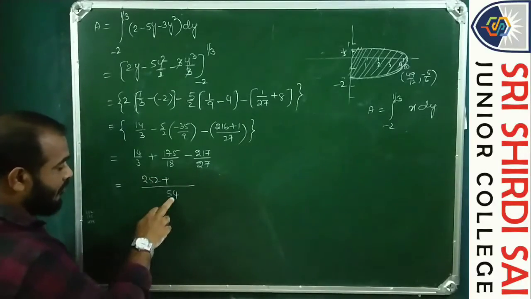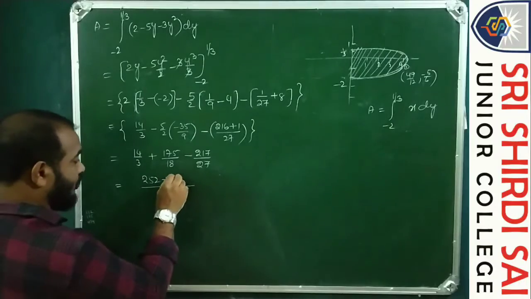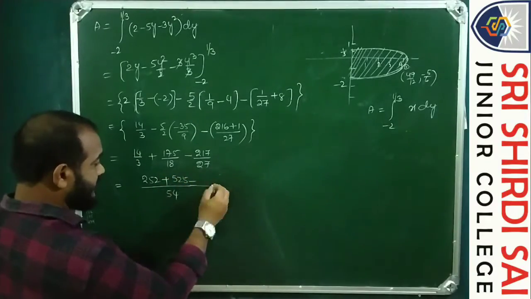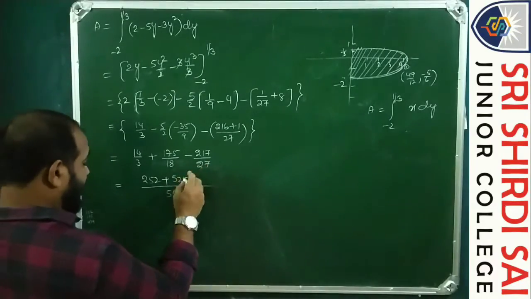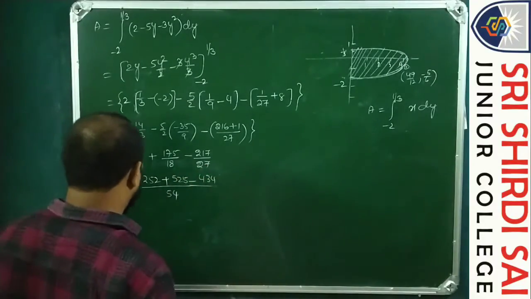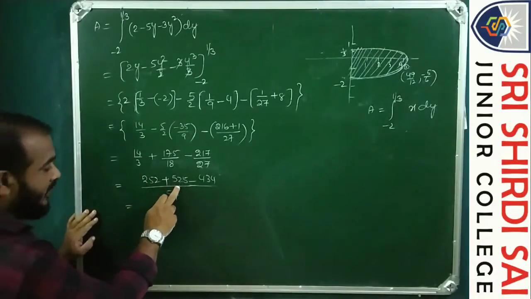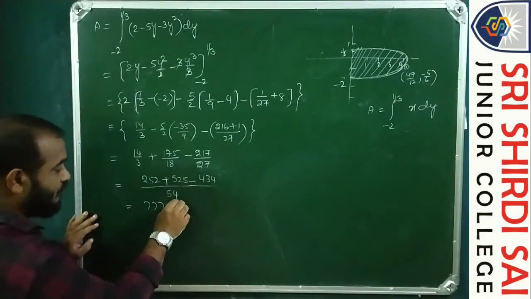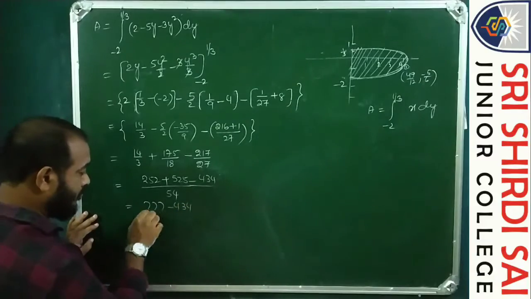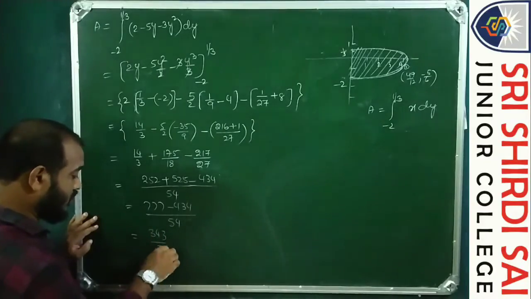Plus 54/18 is 3, so 3 times 175 is 525. Minus 54/27 is 2, so 2 times 217 is 434. This equals (252 + 525 - 434)/54 = (777 - 434)/54. Therefore, the answer is 343/54 square units.